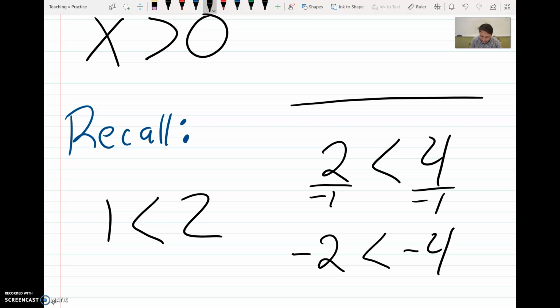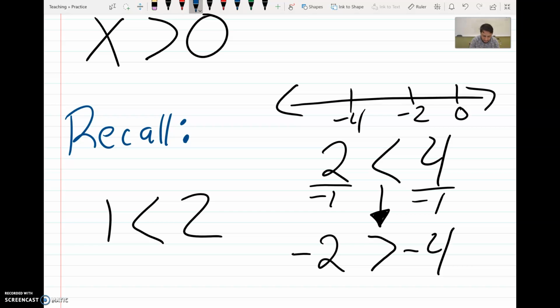If you look at a number line, guys, say 0 is right here, here's negative 2, and here's negative 4. A number is considered bigger than another if it's further to the right of that number. Here, negative 2 is definitely further to the right of that number. So this is incorrect. So if I were to divide by a negative number, I need to remember that I must flip the sign.